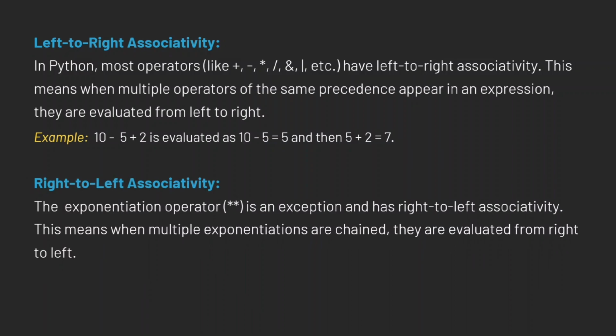Exponentiation is the exception that has right to left associativity. This means when multiple exponentiations are chained, they are evaluated from right to left. For example, 2 exponentiate 3 exponentiate 2 is evaluated as 2 exponentiate in parentheses 3 exponentiate 2, which is equal to 2 exponentiate 9, which gives us 512.